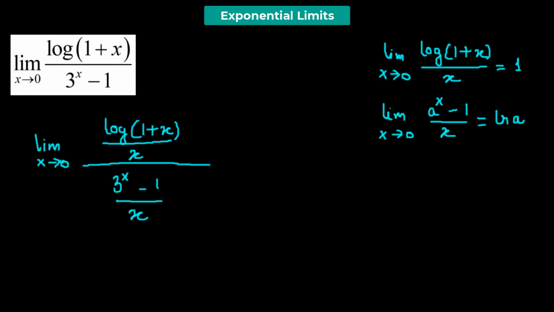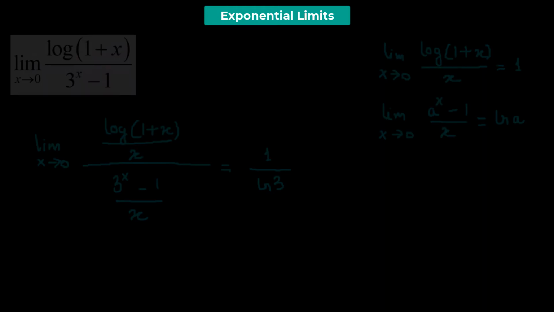So let's use that. The limit for the numerator is going to be equal to 1, and the limit for the denominator is simply going to be the natural log of a. A here is 3, so we have 1 over log of 3.